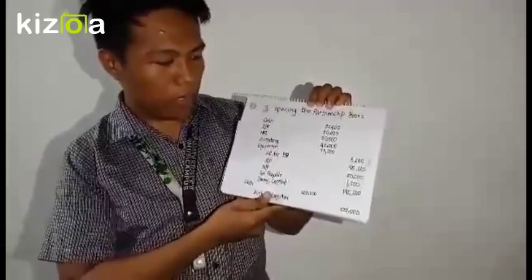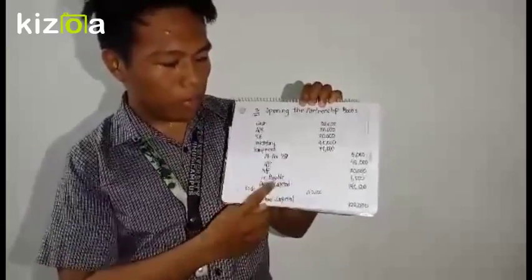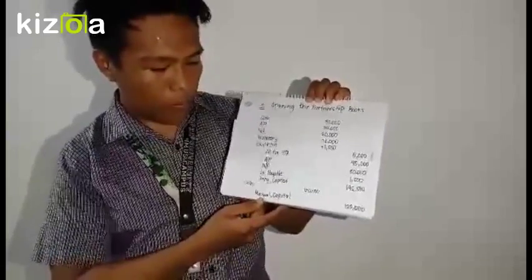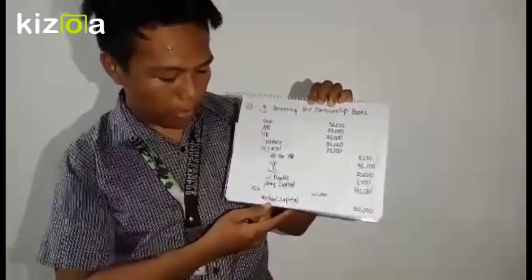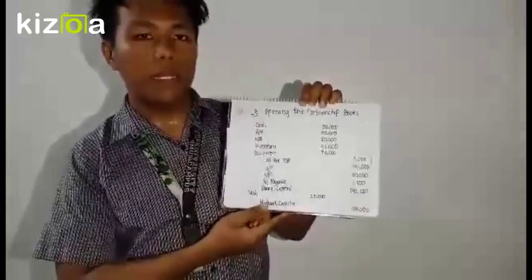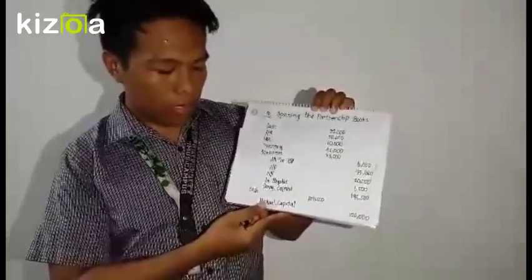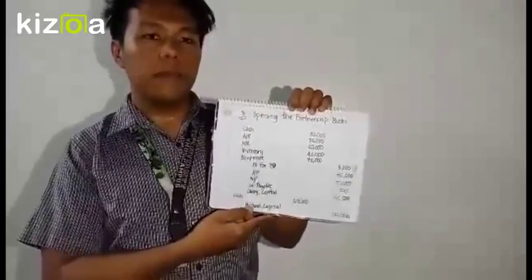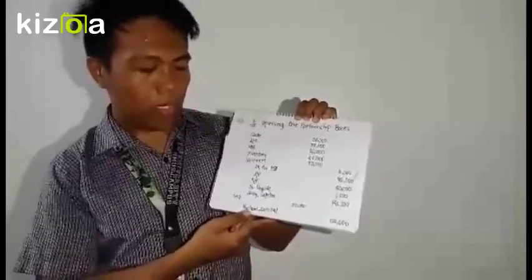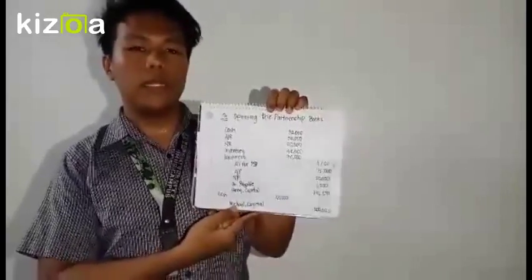Accounts payable, 45,000. Notes payable, 20,000. Interest payable, 1,500. Danny capital, 145,500. Then my partner, Michael, has a cash investment of 120,000.